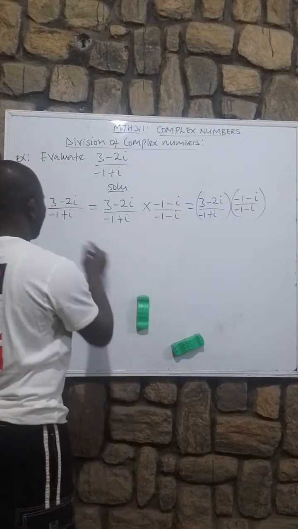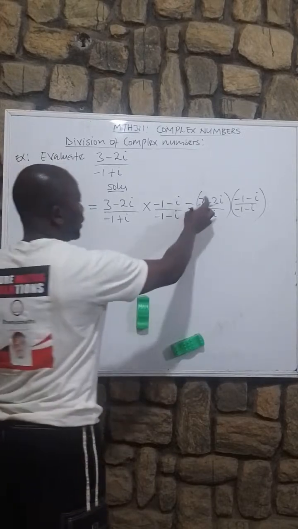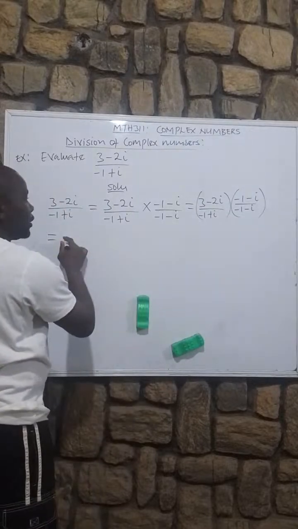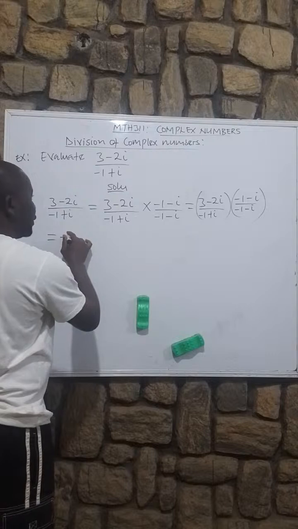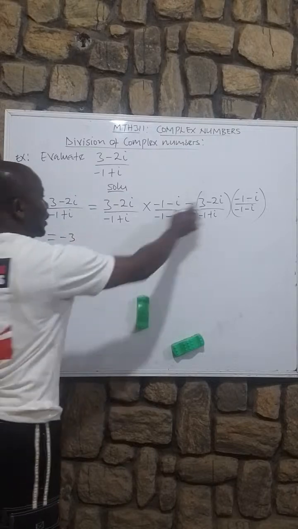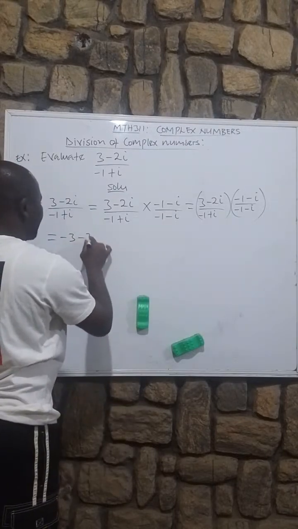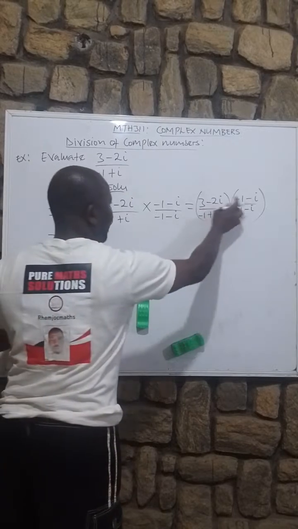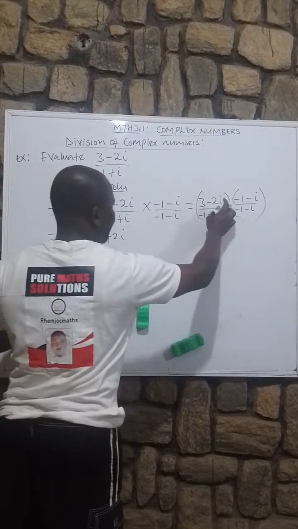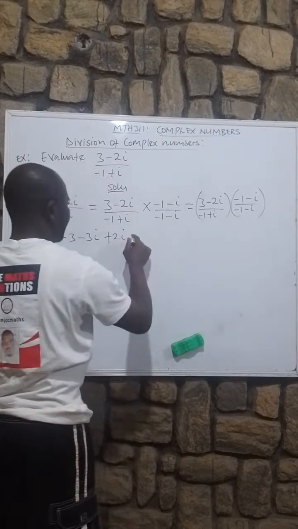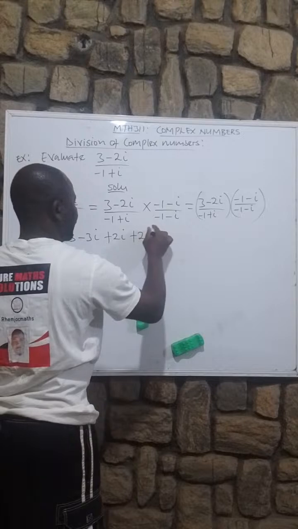The next thing we are going to do is use this to multiply this: 3 times minus 1, we are going to have minus 3. 3 times minus i, minus 3i, and minus 2i times minus 1, plus 2i, minus 2i times minus i, plus 2i squared.